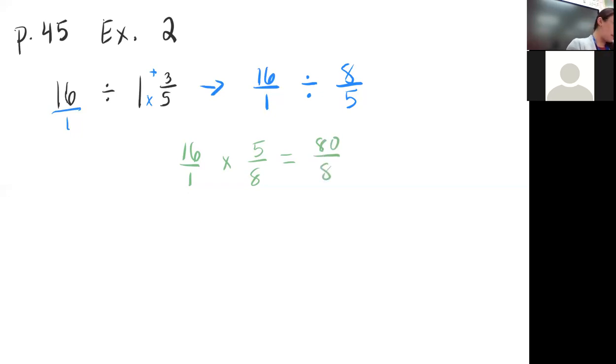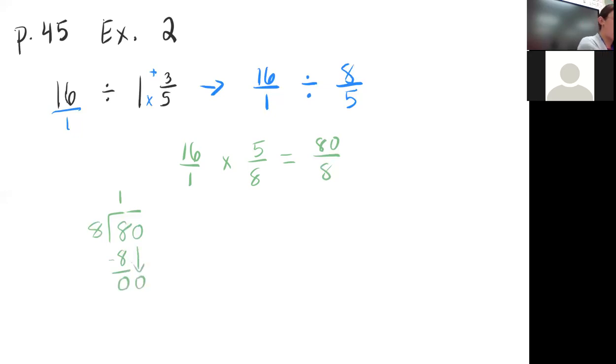All right, so that's an ugly improper fraction, so we're going to go ahead and simplify that. So I'm going to divide 80 by 8. Well, I know that 8 goes into 8 one whole time. Multiply 1 times 8 and get 8. Subtract. I'm left with nothing.